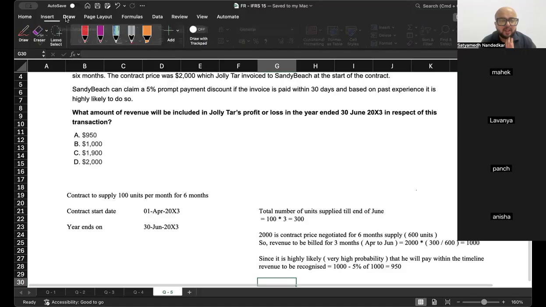So how much revenue will you recognize? You will recognize a revenue of 950.